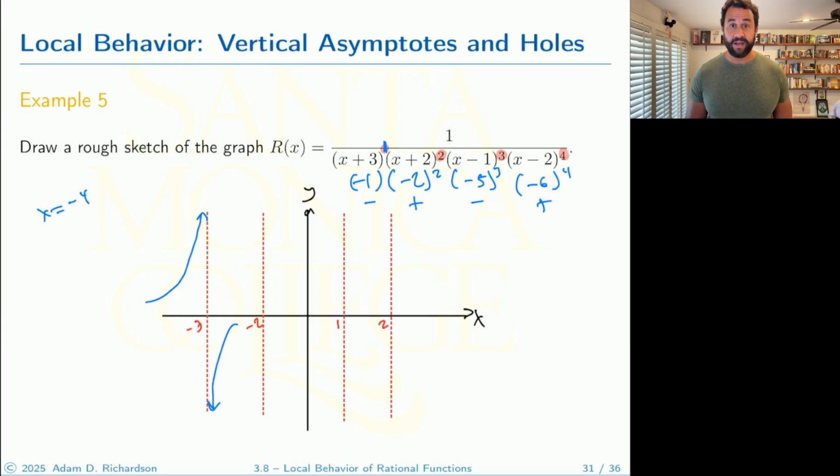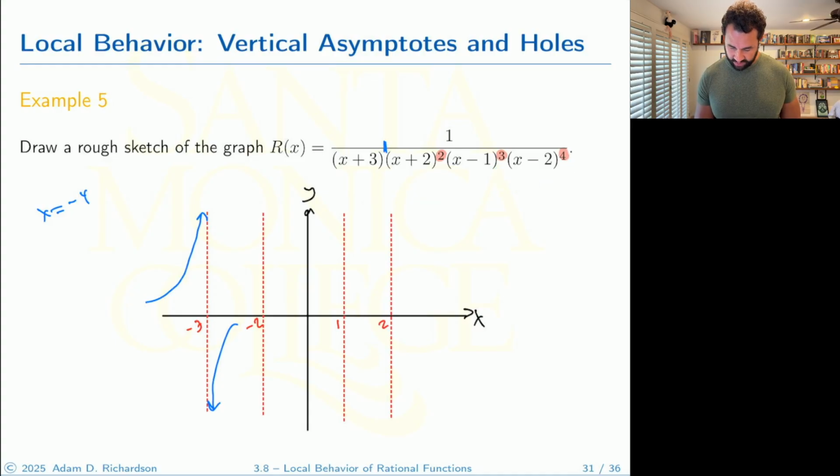That's it. Now, here's where it gets a little more interesting. This is building up to what we're going to do in the next section. What does it look like around the asymptote x equals -2? Here, the multiplicity is even, so it's either going to look like 1 over x squared or -1 over x squared. Is it going to look like this, or like this?